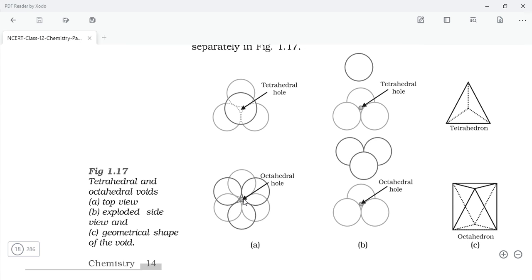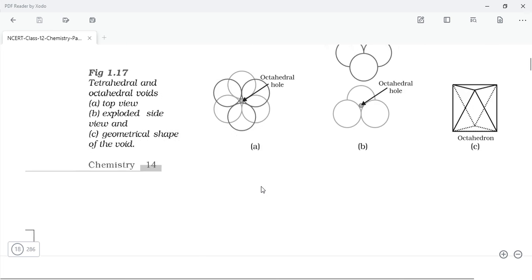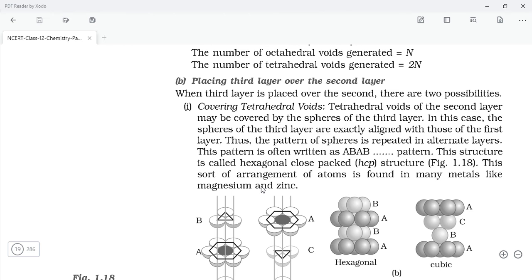So just by common sense, you can say that after a third layer we get an octahedral void, and the tetrahedral void is repeating continuously from one layer to another, whereas the octahedral void comes once in three layers. So twice the number of octahedral holes. You can simply find this out by common sense.